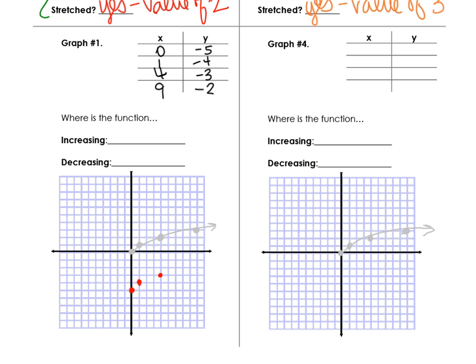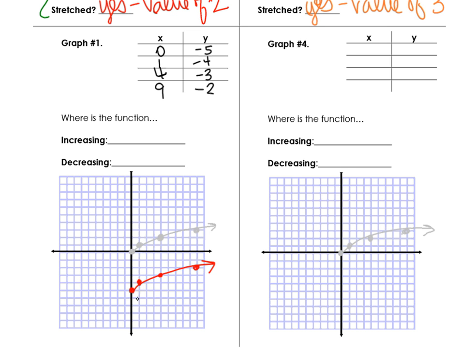There we go, that's better. And then at 9, we're at -2. So your graph looks like that. So we took the gray graph, that's your parent function, the original, and every single point was moved down 5 units. So that's what your parent function looks like in gray, and that's what the transformed function looks like in red.